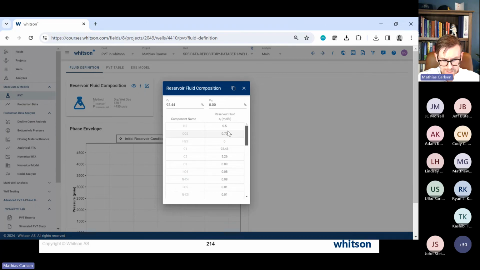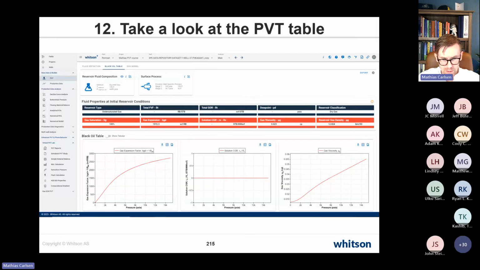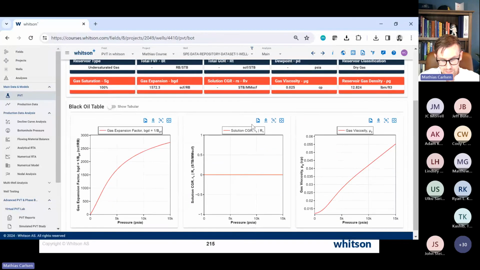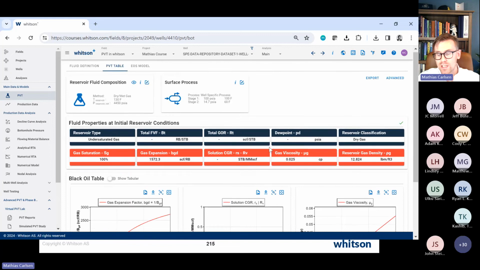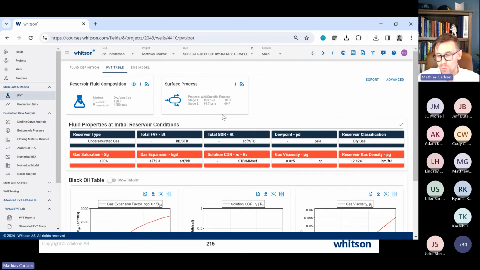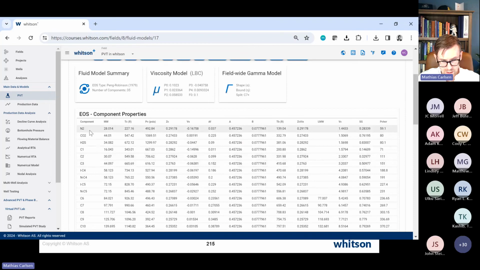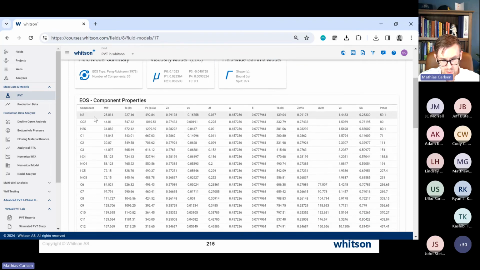Okie doke. Yeah, the PVT table looks a little bit different, as I mentioned, and that's just because it's a dry gas table. And the reason again why I'll feel very comfortable in a dry gas basin to use the default equation of state is because most of the components that you see here, the nitrogen, etc., they go up to C6 typically, and the properties of the components making up this reservoir fluid are really well known.